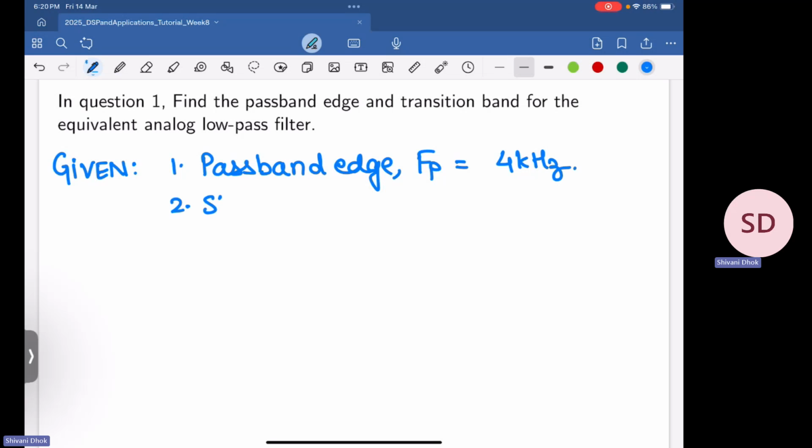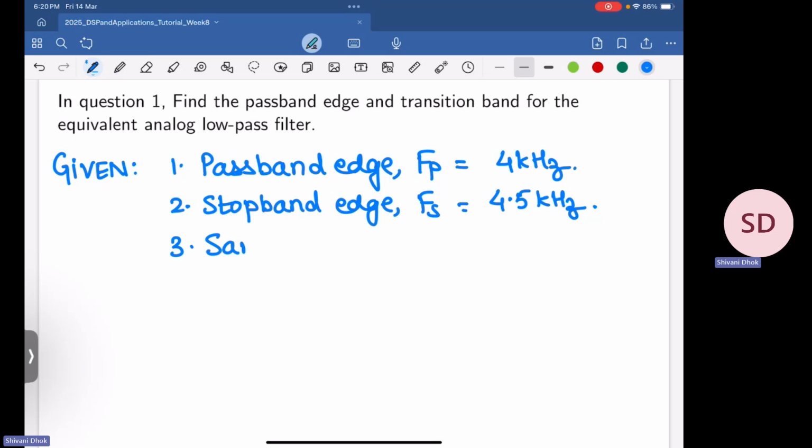The next thing given is the stop band edge Fs, that is 4.5 kilohertz. And the third thing given is the sampling frequency, whose value is 22 kilohertz.